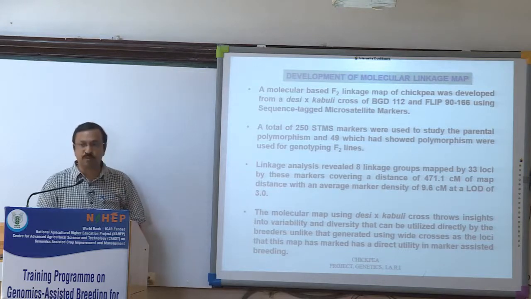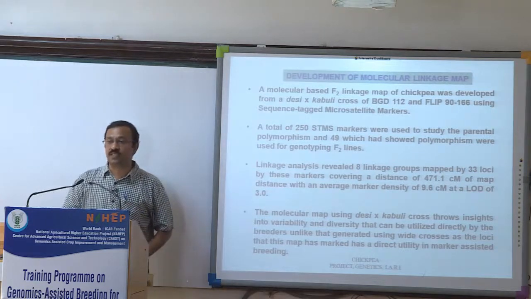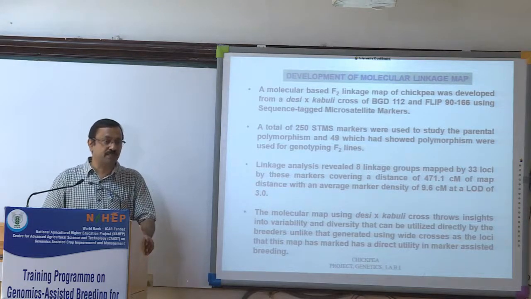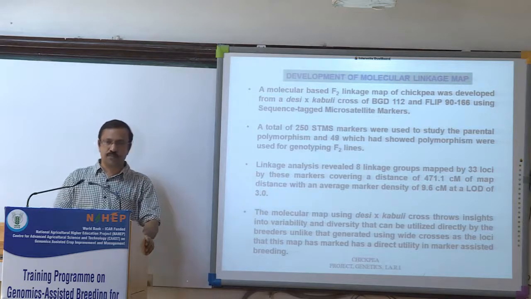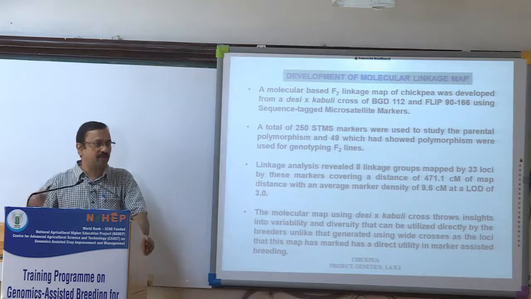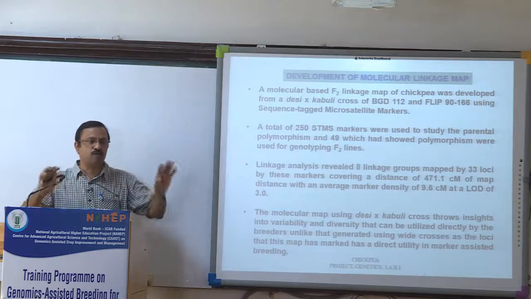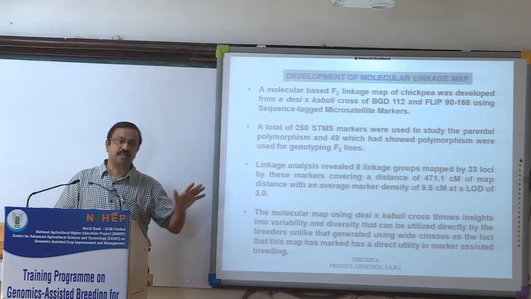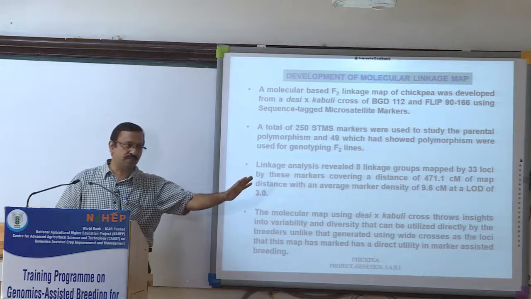The second thing where people go astray when using maps is that developing maps and identifying is one thing, and their utility is the second part. Whenever you have seen the reports, you will see that many people have used wild into cultivated crosses, and this throws a lot of variation, right? But most of the markers that have been identified are skewed towards the wild.